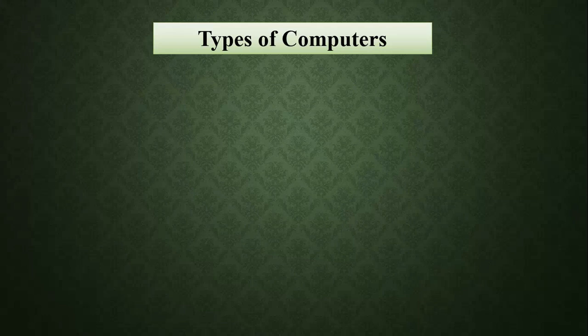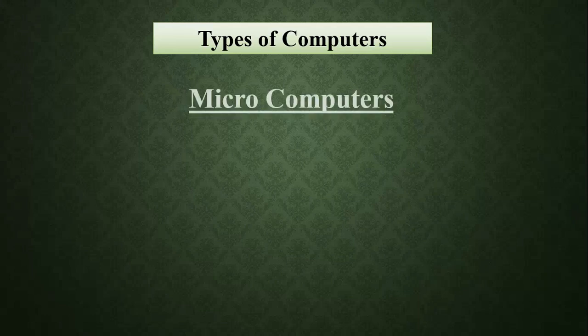The computers that we see everywhere around us are actually digital computers, which are used for processing data in digital format, that is in the form of zeros and ones, that is binary digits, or binary numbers. The digital computers available nowadays differ in their sizes and capabilities and can be broadly classified into four categories.